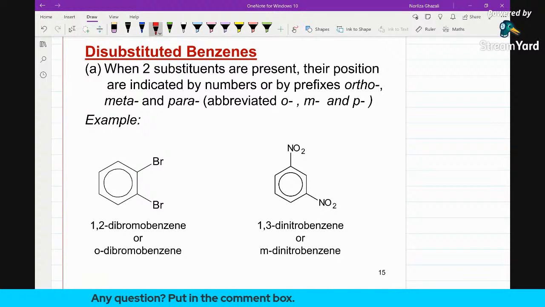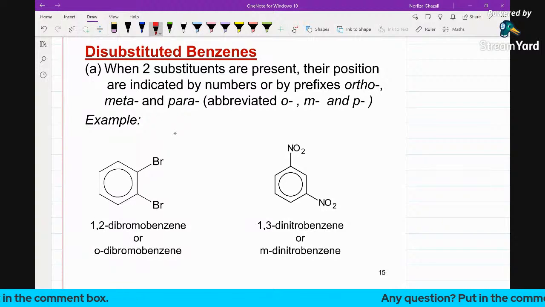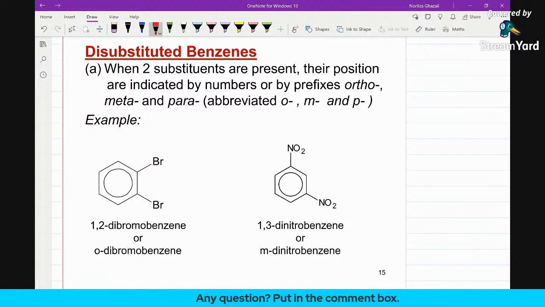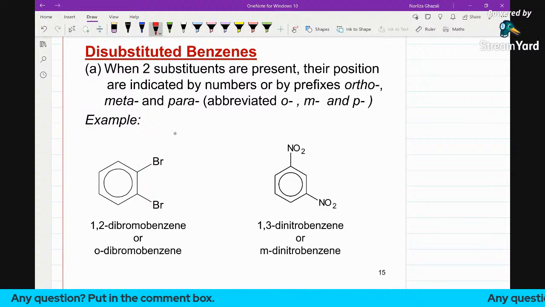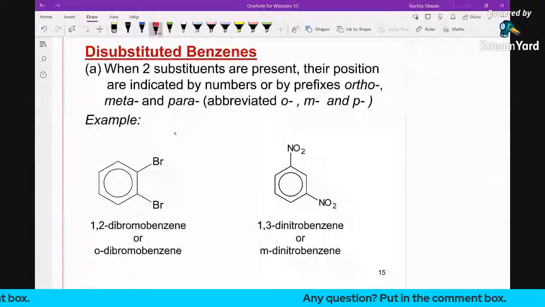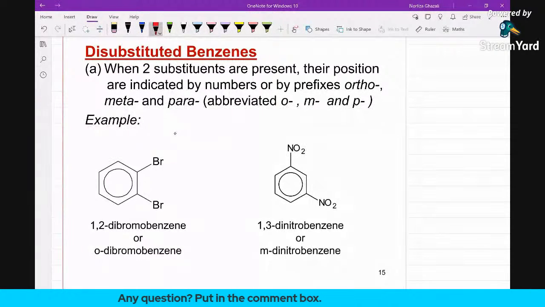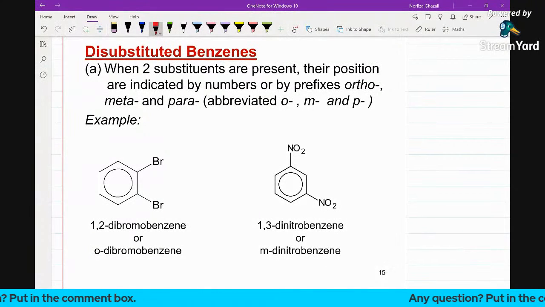So ortho actually can replace numbers 1 and 2. Okay, look at the example. 1,2-dibromobenzene. So if you don't want to use 1,2, you can use O or ortho-dibromobenzene.